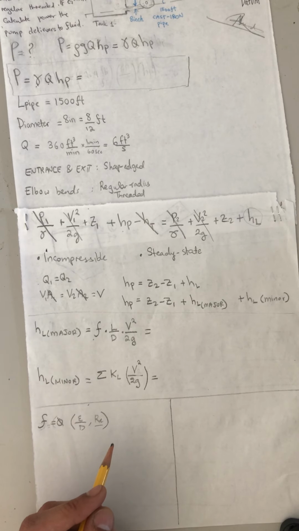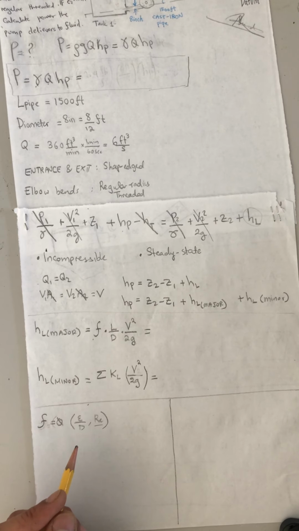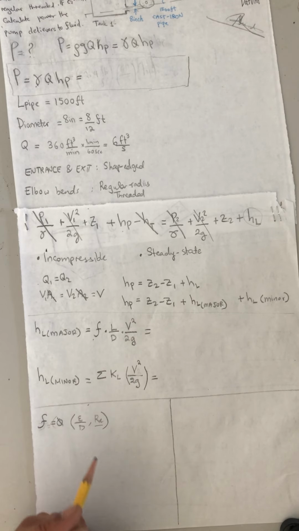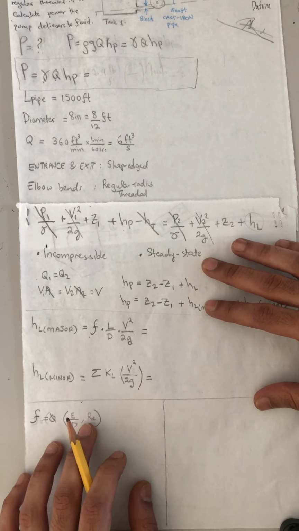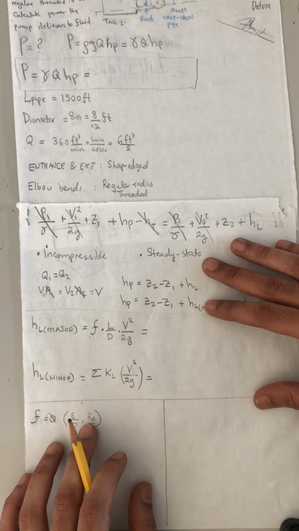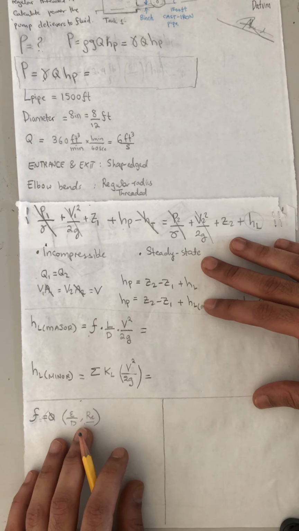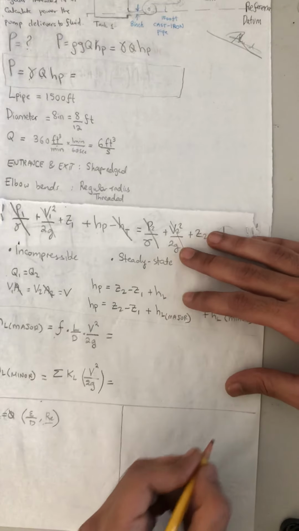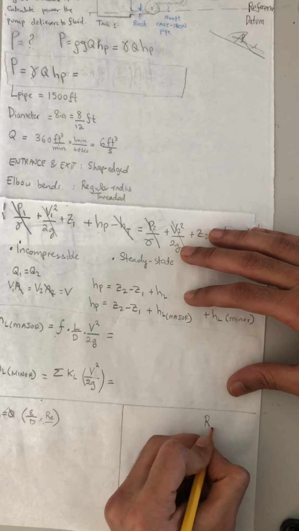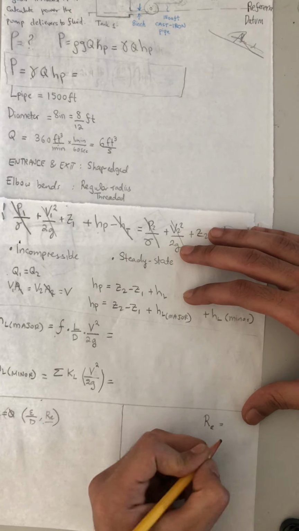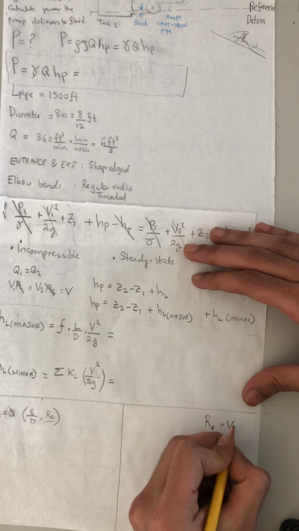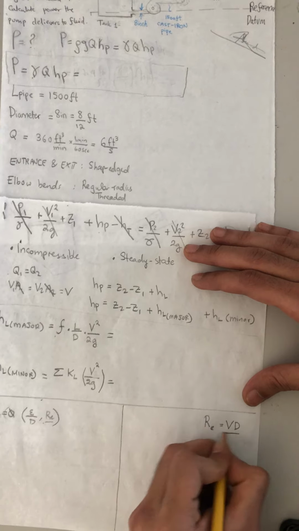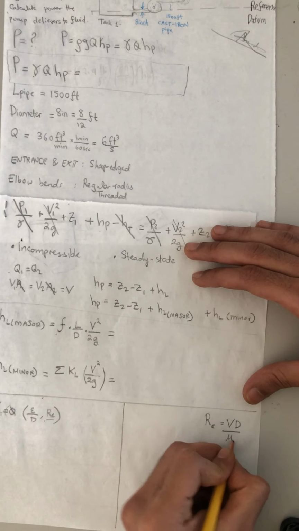And the sequence of steps is important when solving this problem, because to find the Reynolds number, we first find the flow velocity, because we know the equation for Reynolds number is the velocity times diameter over the kinematic viscosity.